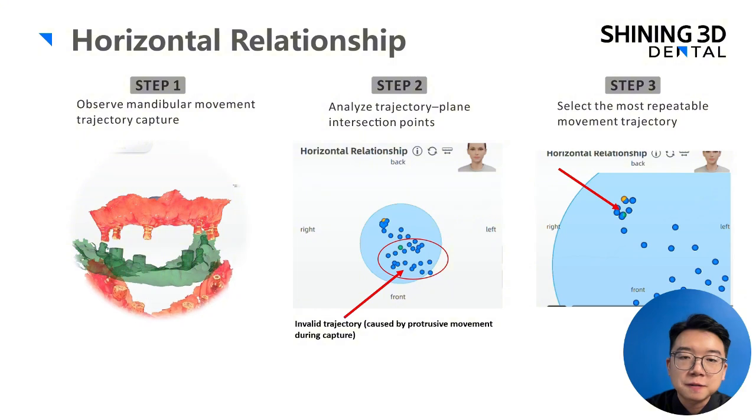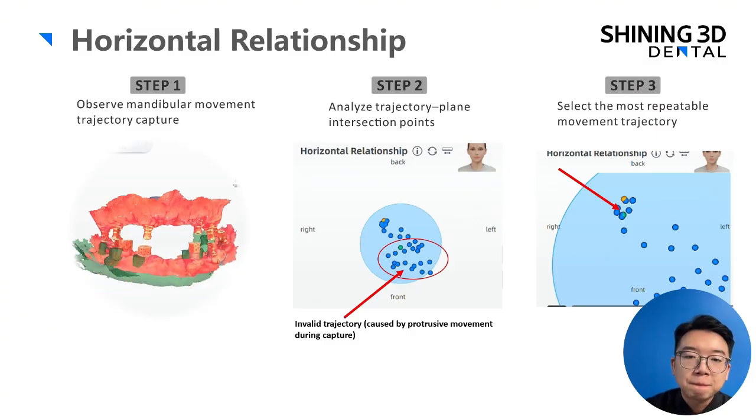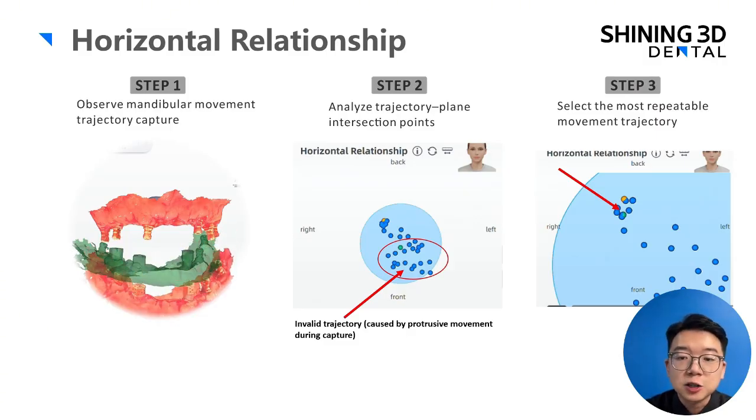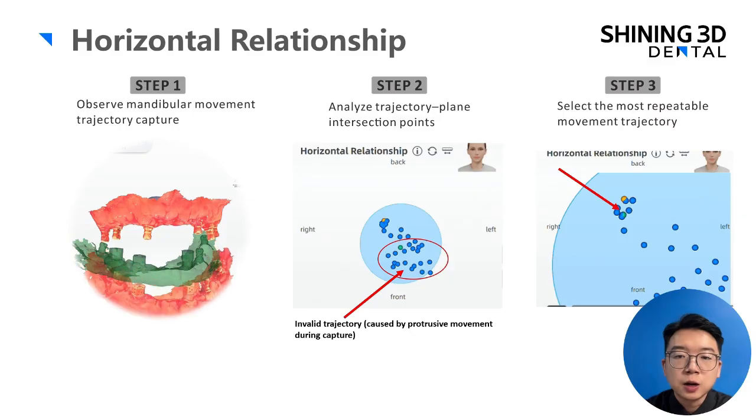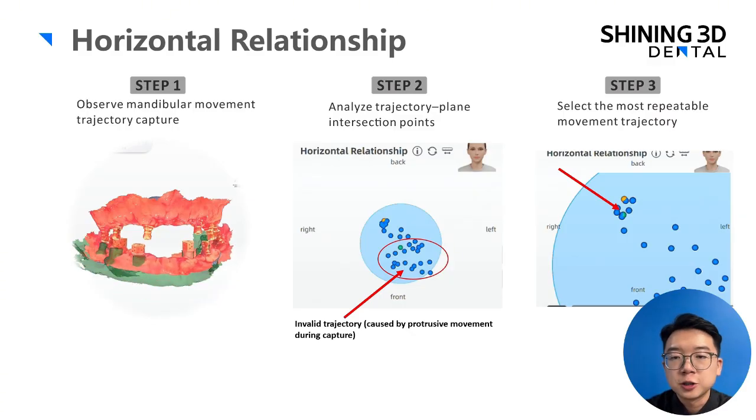Hence, you can see a lot of dots are not close to each other, which will mislead the software to select the green dots in a wrong trajectory. Hence, we need to readjust it according to the reference of the orange or yellow dots, to select the points near these yellow dots to make that the healthy horizontal relationship for this patient.